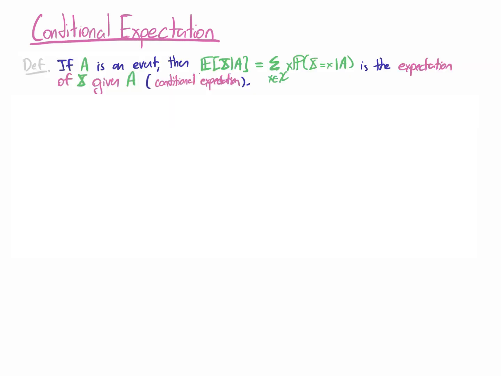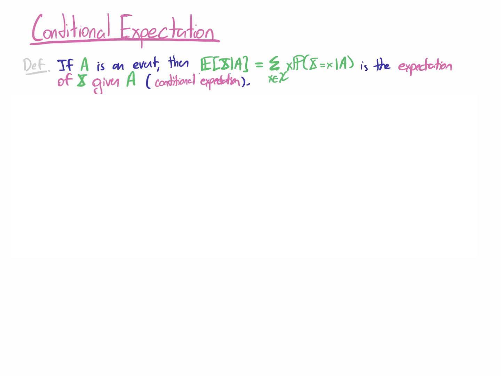So here's a definition for you. If A is an event, then the expectation of X given A, or the conditional expectation, is defined like this. We use the usual expectation formula where we sum over all the possible values that X can take, but instead of using just the regular probability mass function, we use a conditioned probability.